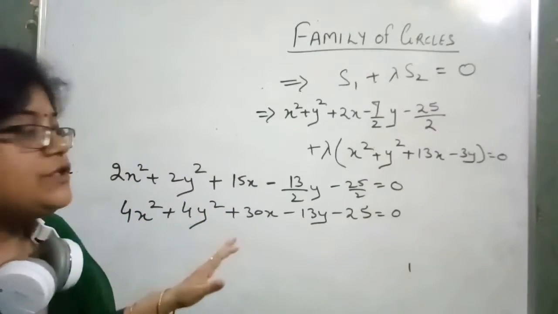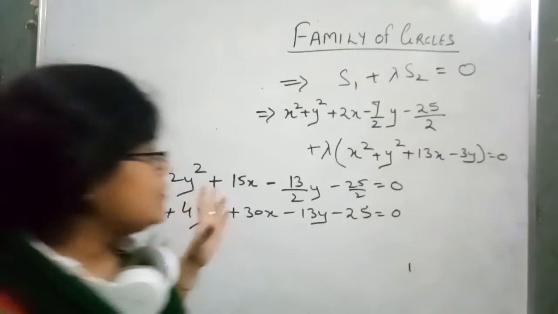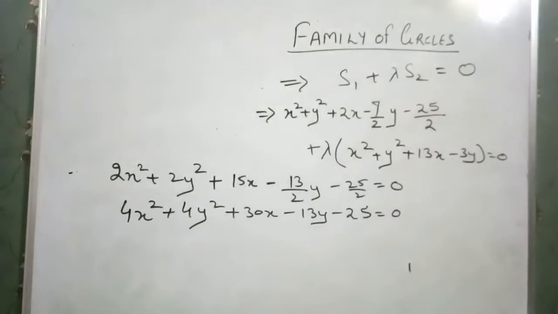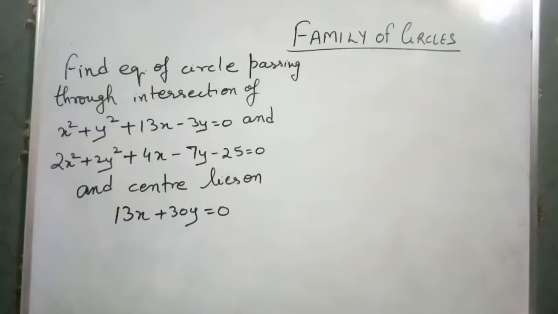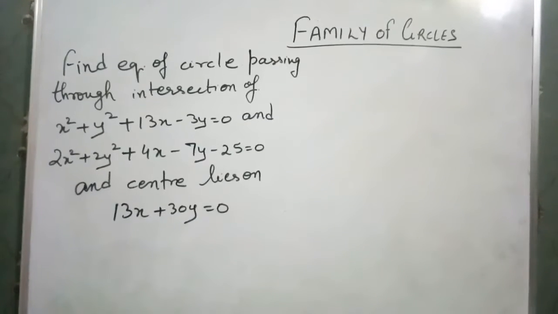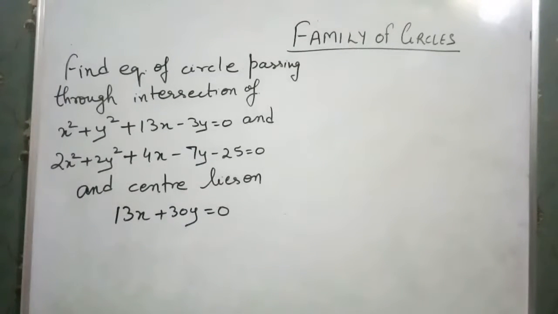I take one more question regarding this concept. Okay, just note it down. Now watch this question on your screen: find the equation of the circle passing through the intersection of these two circles.